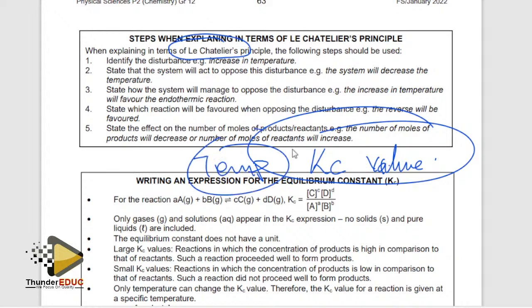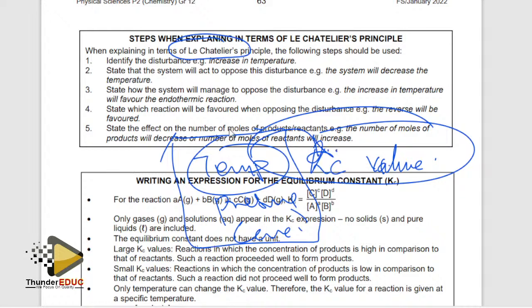The factors which affect chemical equilibrium are temperature, pressure, and concentration. Yes, a catalyst affects the forward and the reverse reactions equally, so that one is not a big deal. But the big deal for chemical equilibrium are these 3 factors. But the Kc value is only affected by temperature. Please take note of that.